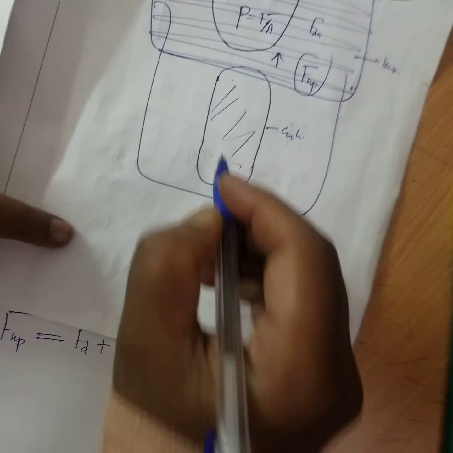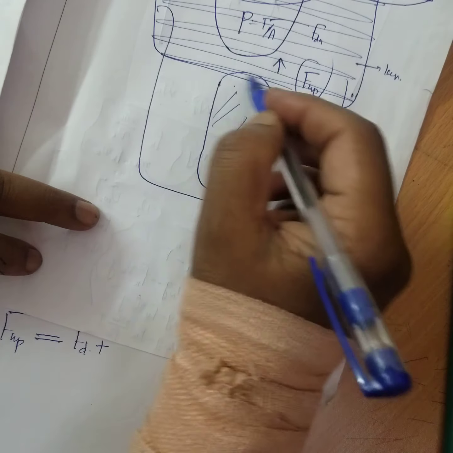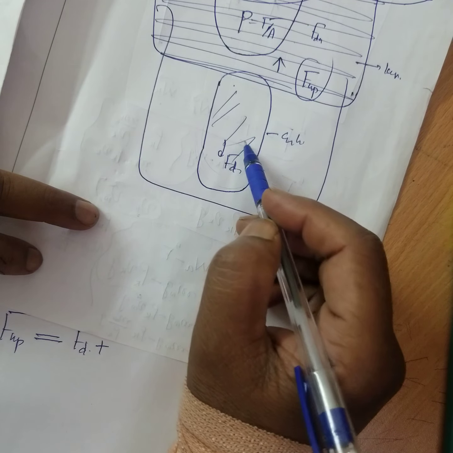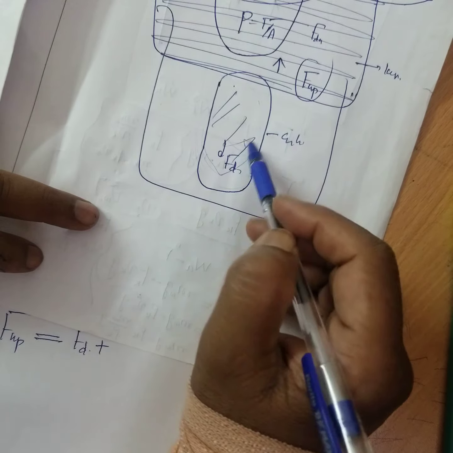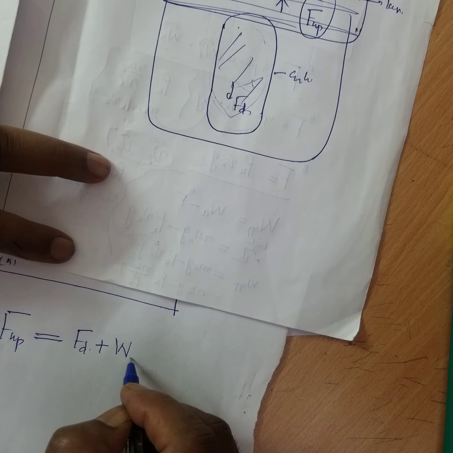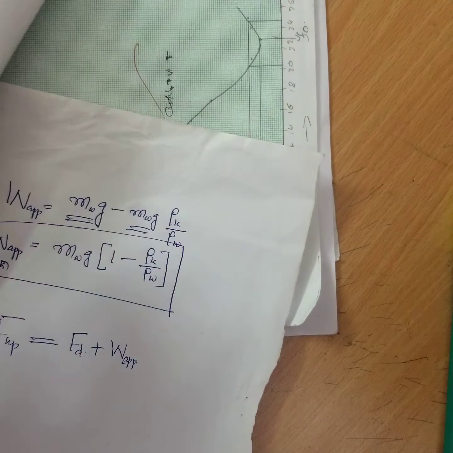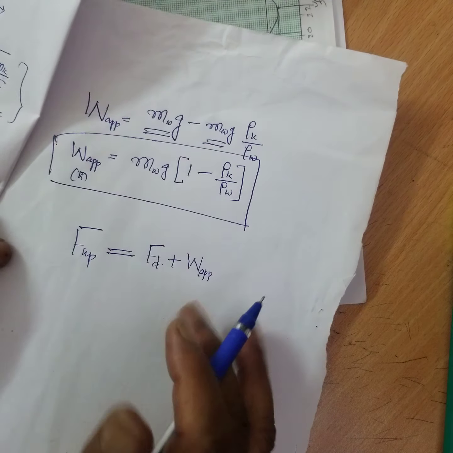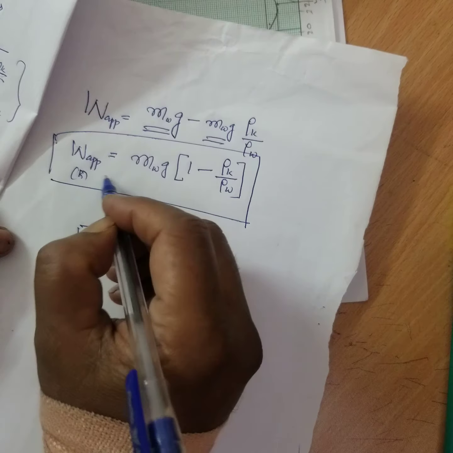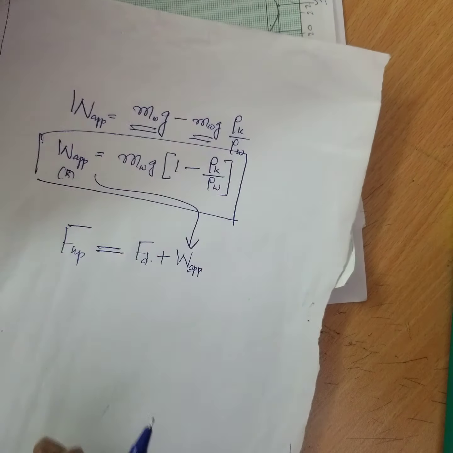Force here, downward force within the water drop plus weight due to gravity, that is apparent weight of the water drop. What is the apparent weight of the water drop? Upward force is equal to apparent weight of the water drop, right? Apparent weight of the drop.